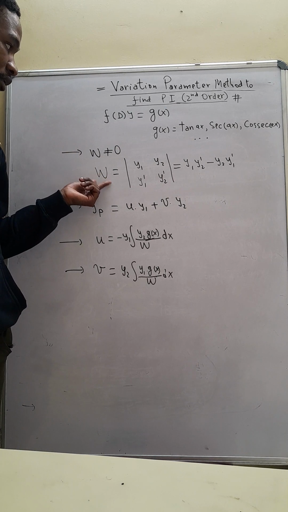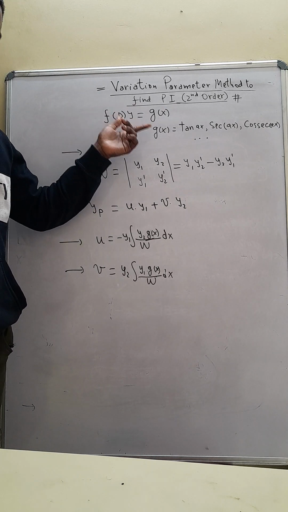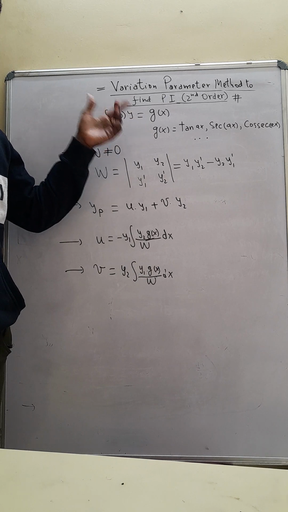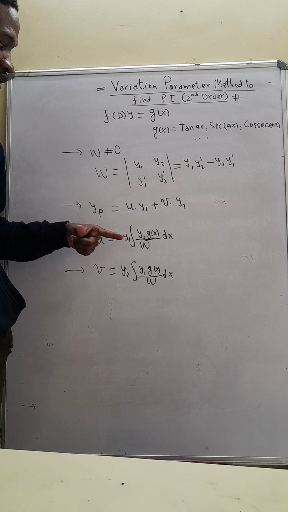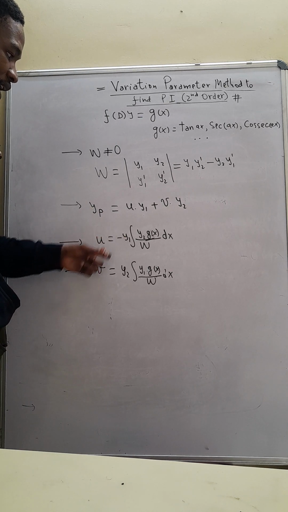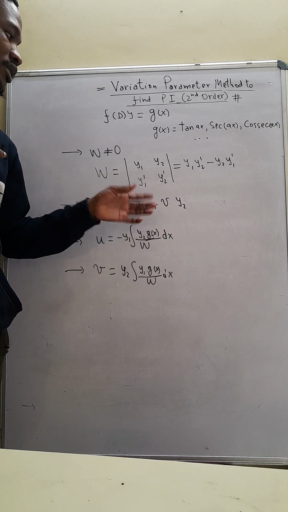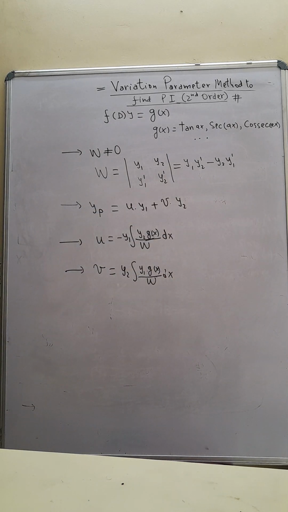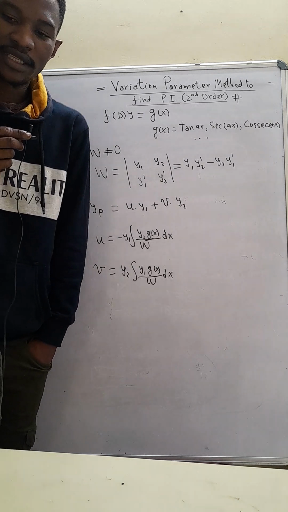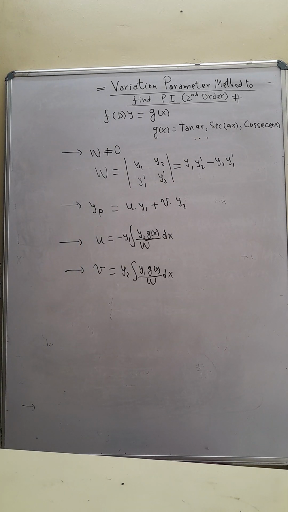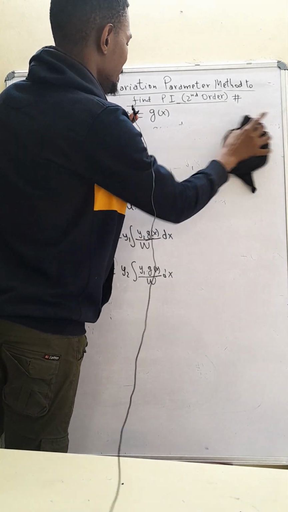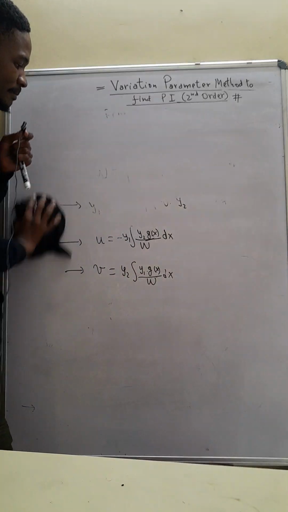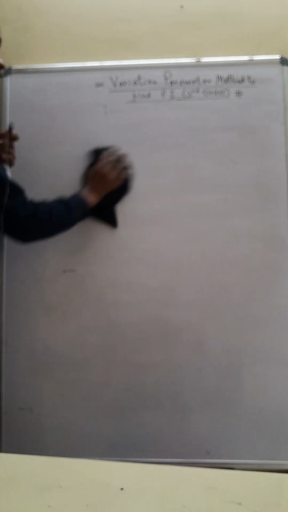After finding the Wronskian, find the complementary function, YC. Then find u and v and substitute them here with this solution, and you will find your YP. Then put together YP and YC. It's nice, just like this. Let's solve one exercise so that you can get more insight into the problem.